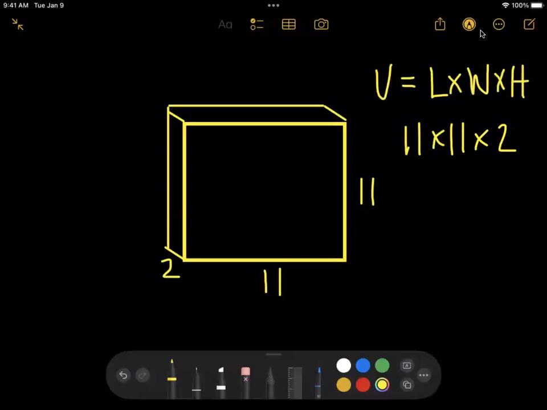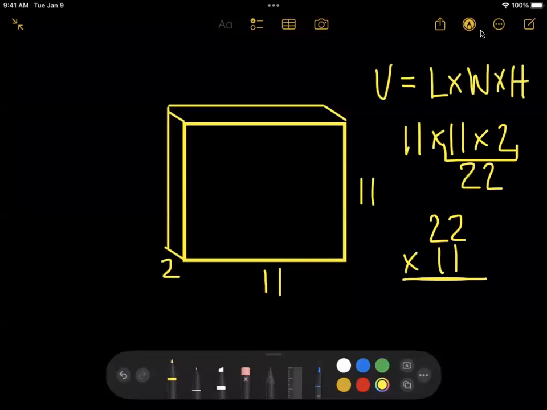And again, it's okay if you put the different numbers, like in this shape, probably the height is 11, but that's okay. We don't need to identify that. We just need to multiply all the numbers together. So I'm going to go ahead and do 11 times 2 because I know I can do that in my head as 22. And then I'll take 22 and multiply it by 11 to get the final volume.